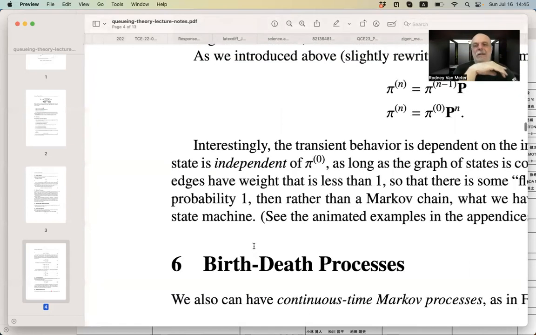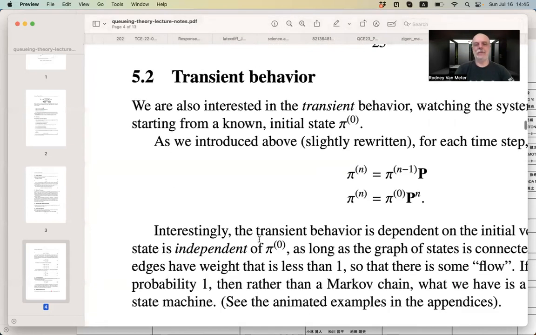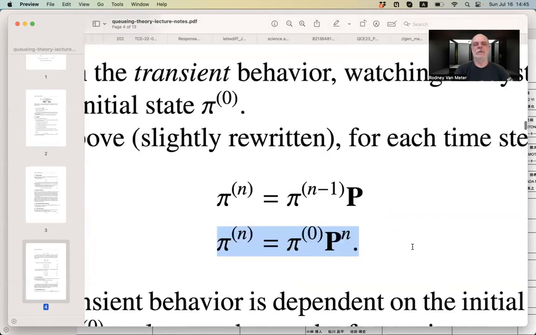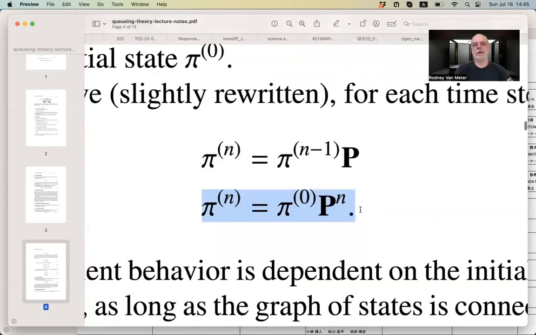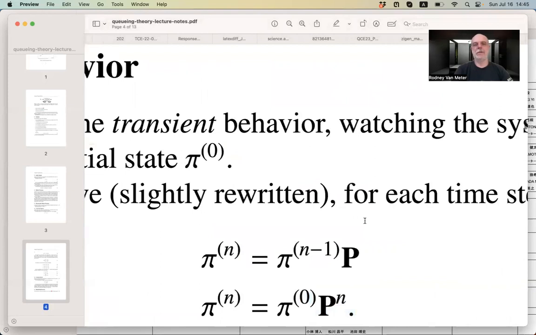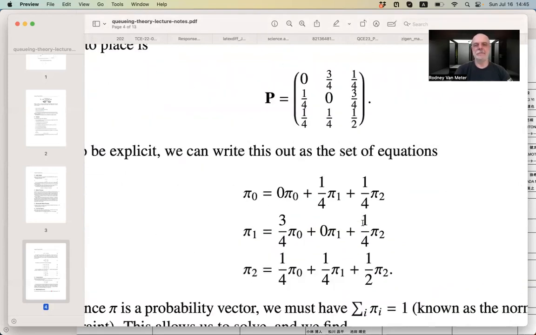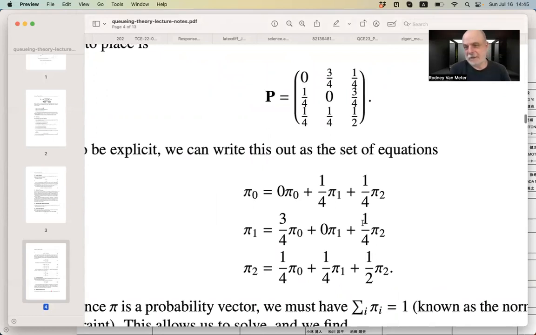Note that in this case, this transient behavior we were talking about here depends on the initial state. So pi of n here equals pi 0 times P to the n. But up here, when we were calculating the steady state, we don't have anything about the initial state. It doesn't matter.